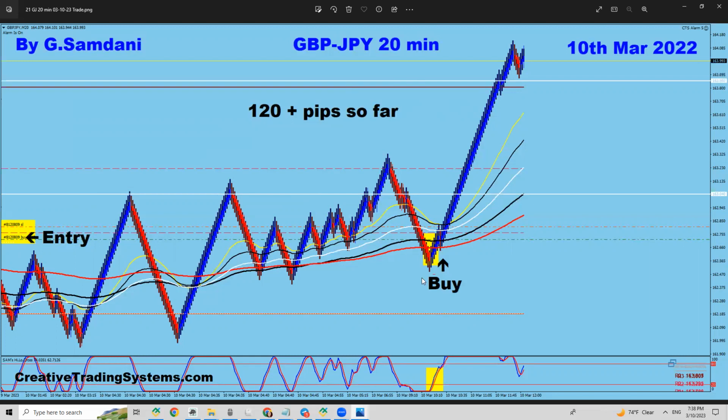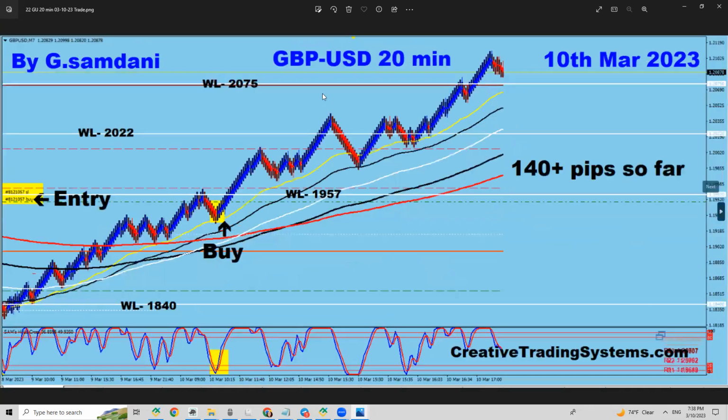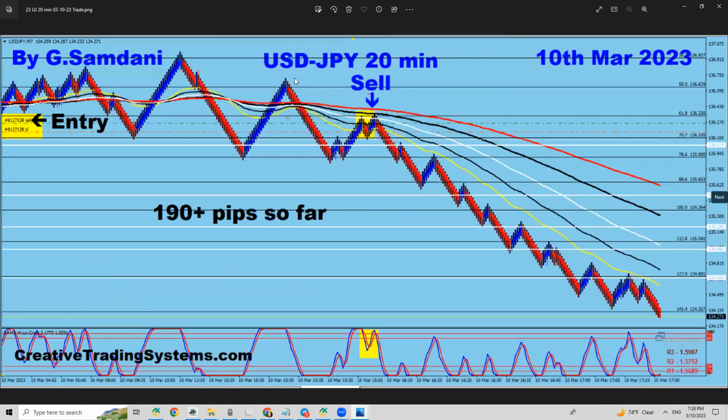So GJ, this is a long here, and another one, pound USD. After that, this is NFP, but I was long here based on my analysis that pound index is getting strong. So this was a long setup, and I took it. And after that, 140 pip on this one today on the 10th, and on the 10th USD yen.